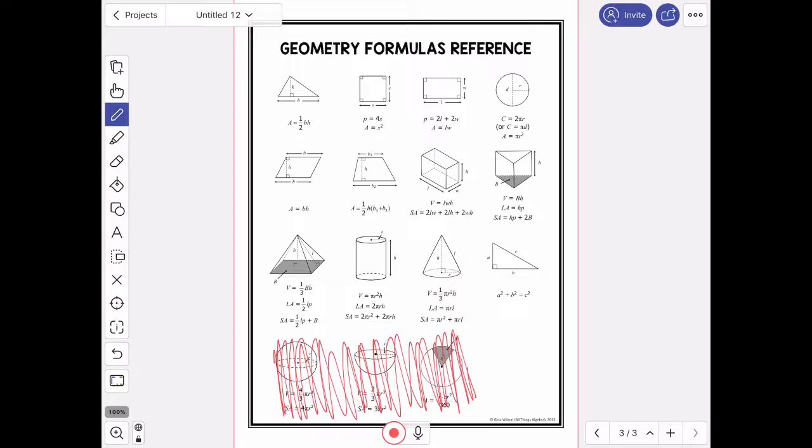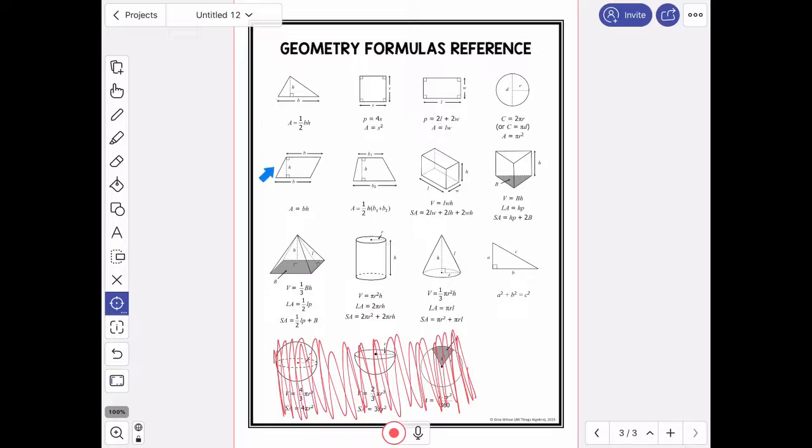For this upcoming quiz on Wednesday, you should have some type of reference sheet like the one I have here. This was given out at the very beginning of this unit. I told you to write this down, print it out if you're able to. I would for sure have something like this, either pulled up on another tab while you're taking the quiz on Wednesday, or written down on a piece of paper.